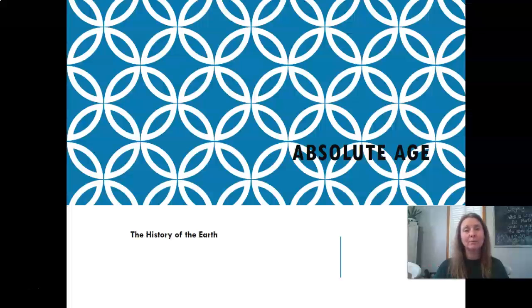In this next couple of days, we're going to spend time breaking down how scientists and geologists can look at the Earth and figure out a more direct age of a rock layer or a fossil, in order to give it a much more exact date or time period, versus just saying what we did with relative age: older layers of rocks are on the bottom, younger layers of rocks are on the top, and we can identify them just by how those rock layers have fallen, along with different types of erosional processes.